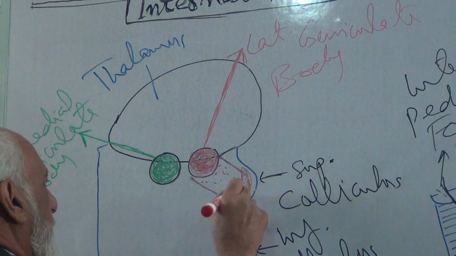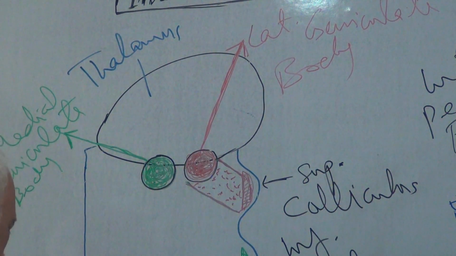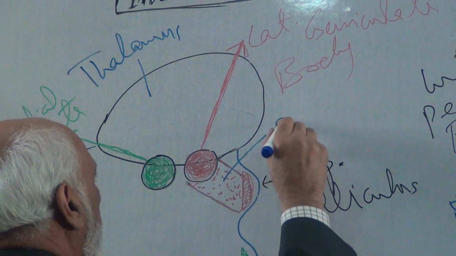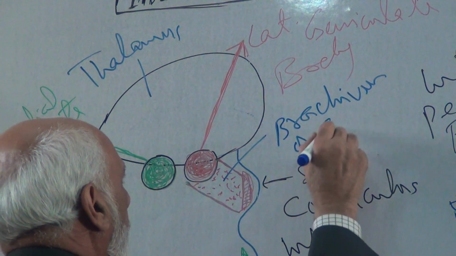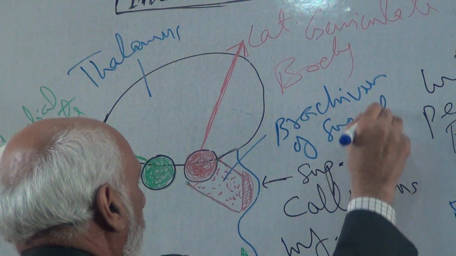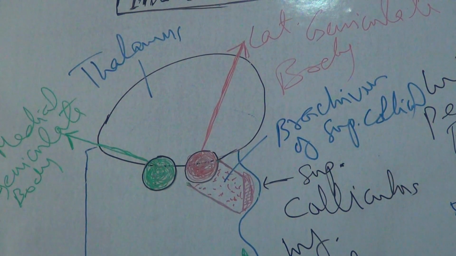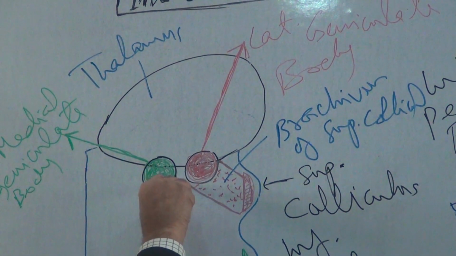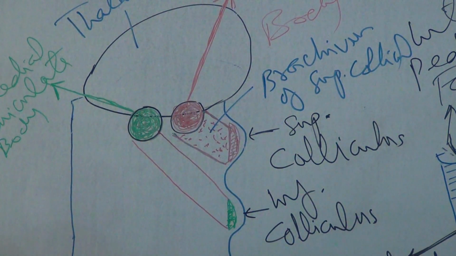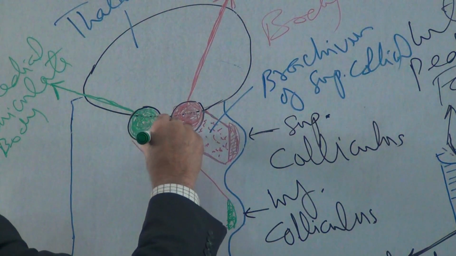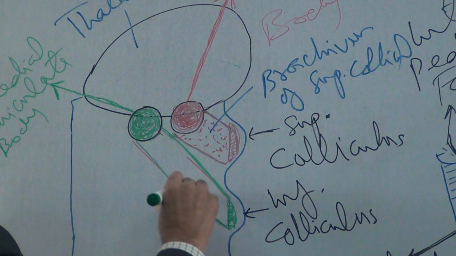This is known as brachium of superior colliculus. And then the elevation which connects the medial geniculate body with the inferior colliculus is known as brachium of the inferior colliculus.